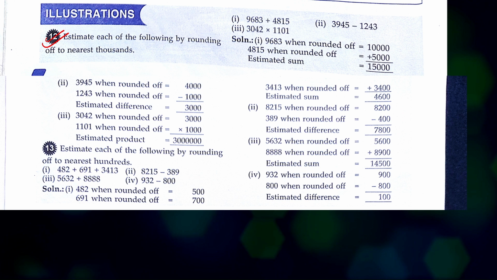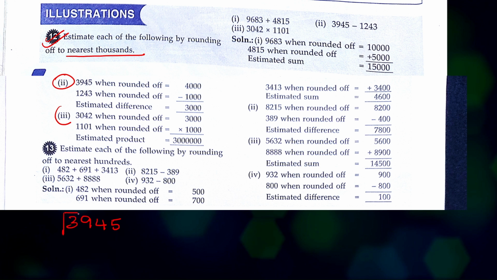The other sums. Question number 2: estimate each of the following by rounding off to the nearest 1000. Sub question 1, sub question 2 and 3. So 3945. They have asked to round off to the nearest 1000. So ones, tens, hundreds, thousands.